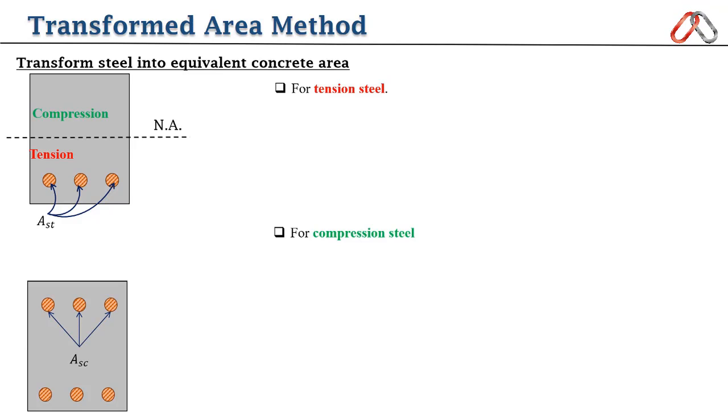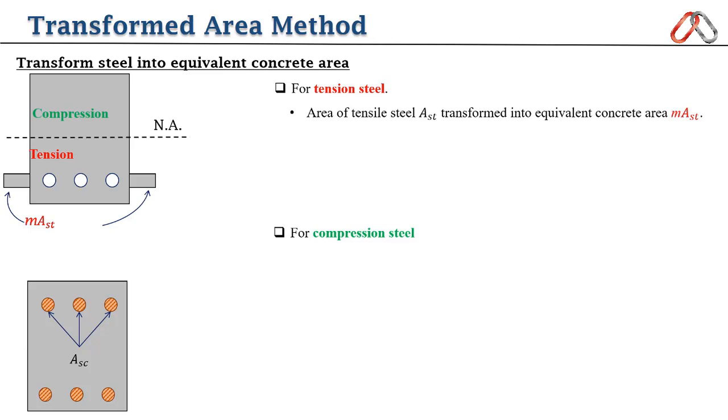So how do we convert the area of steel into equivalent concrete? For tensile steel, the area of tensile steel Ast is transformed into equivalent concrete area m Ast. You can see here that the area of steel is replaced by equivalent concrete area m Ast. When we replace steel, there is an empty area equal to the area of tensile steel.